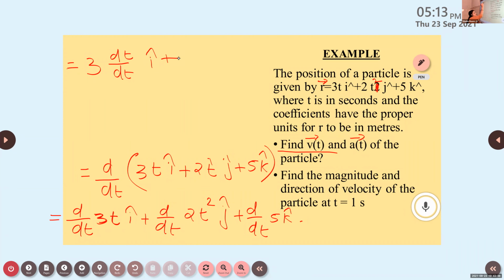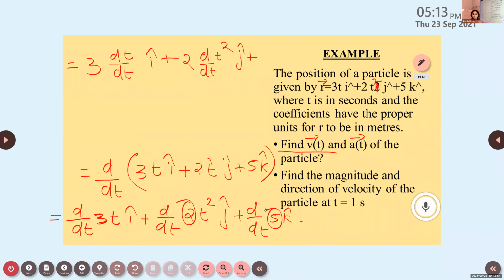plus d by dt of 2t square. So 2 is a constant, we can take it outside: 2 into d by dt of t square into j cap plus d by dt of 5k, where 5 is a constant.